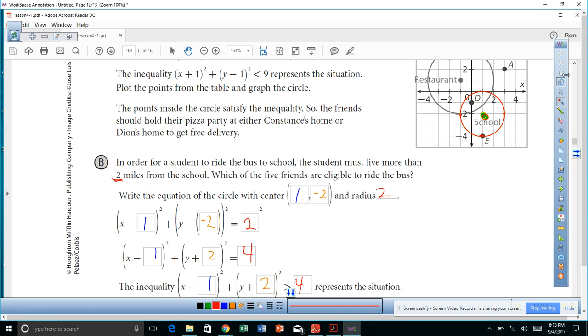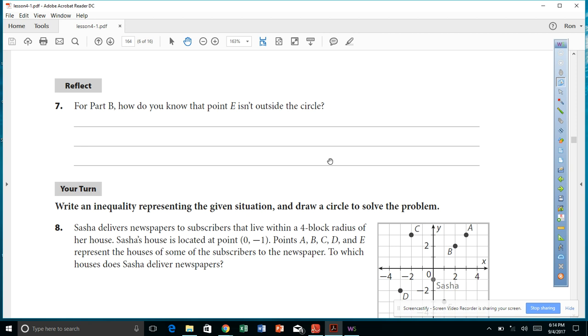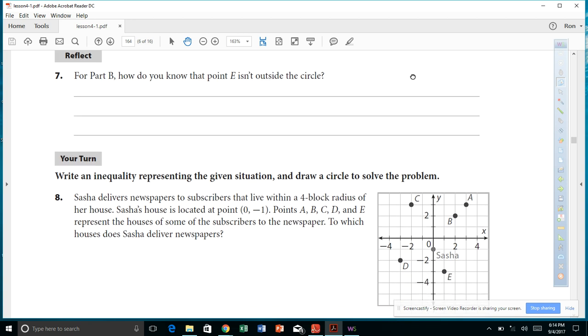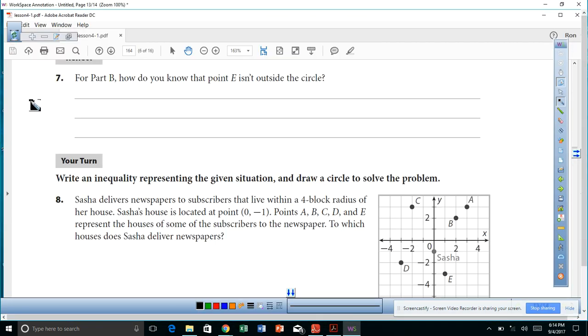All right. For part B, how do you know that the point E isn't outside the circle? The coordinates of point E are 1, -4.